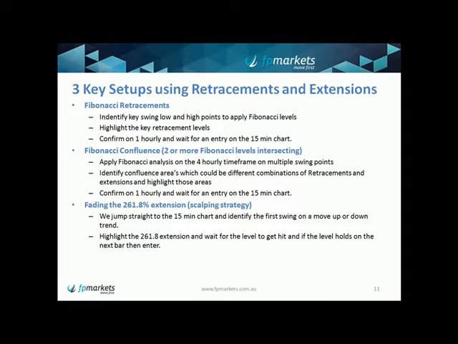Fibonacci Confluence, this is one of my favorite things that I like doing. When I identify a particular level of interest, I'm trying to find evidence where some of these other levels may intersect, and that really does highlight some key areas where I want to get in.